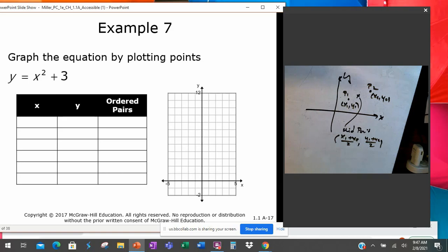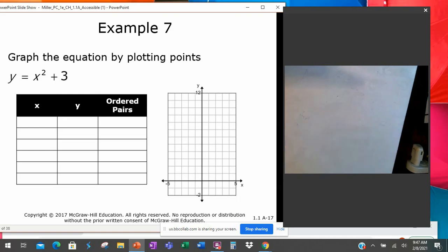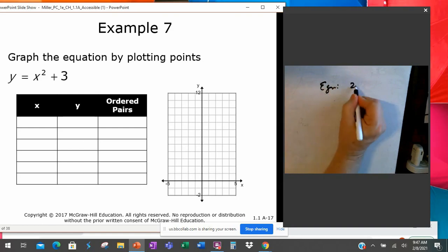So the fundamentals of plotting points, and I'm sure you guys have seen this before. I want to graph an equation, so I've got an equation with an equal sign, but now I've got two variables.